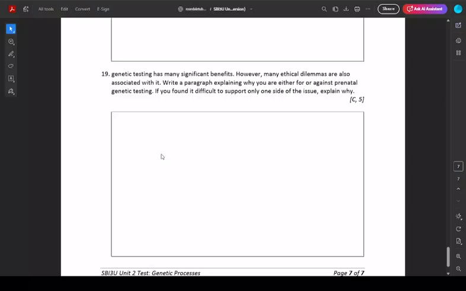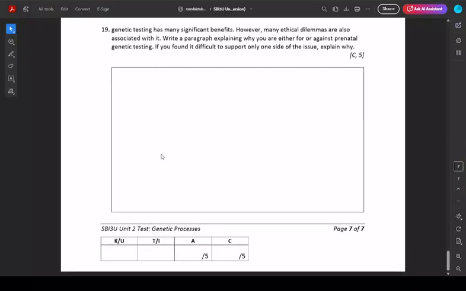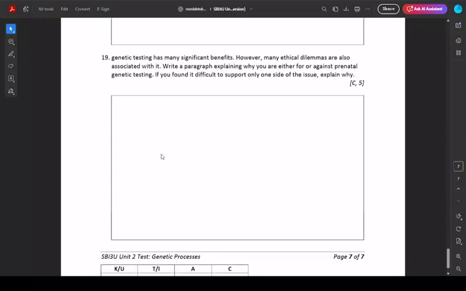However, if there are absolutely no ethics, it is probably misused, because there's a lot of psychological stress from the results, or pregnancy termination. If I test it and realize the kid is not going to be so smart, and the parents terminate, that's not good because it's still a person, even though it hasn't walked out of the uterus yet.